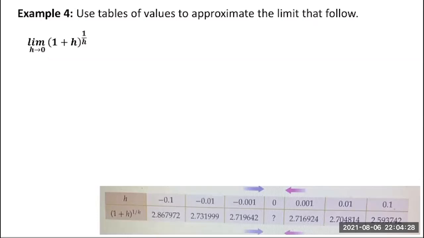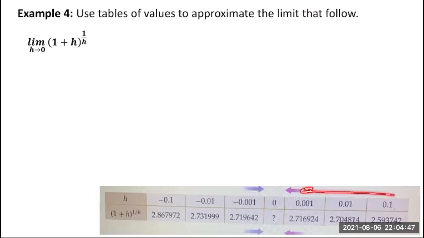Here are the values I'm picking for h. I'm approaching 0 from the left hand side with minus 0.1, minus 0.01, minus 0.001. As you can see, they are approaching 0 from the left hand side. These values are approaching 0 from the right hand side.